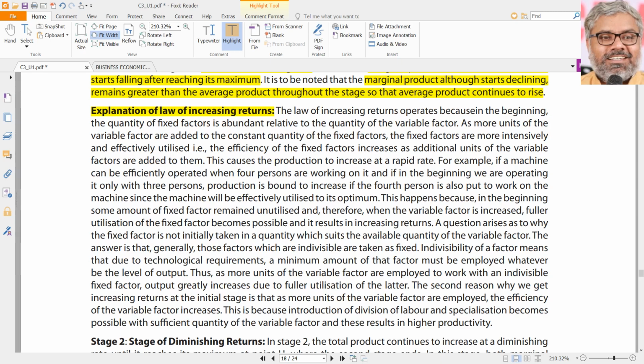To sum it up, at the beginning when the organization is new and freshly started, there are a lot of fixed factors which are abundantly available, and when more and more variable factors are added, automatically the fixed factors are going to be used more intensively and more effectively. So the efficiency of fixed factors increases as additional units of the variable factors are added to them.